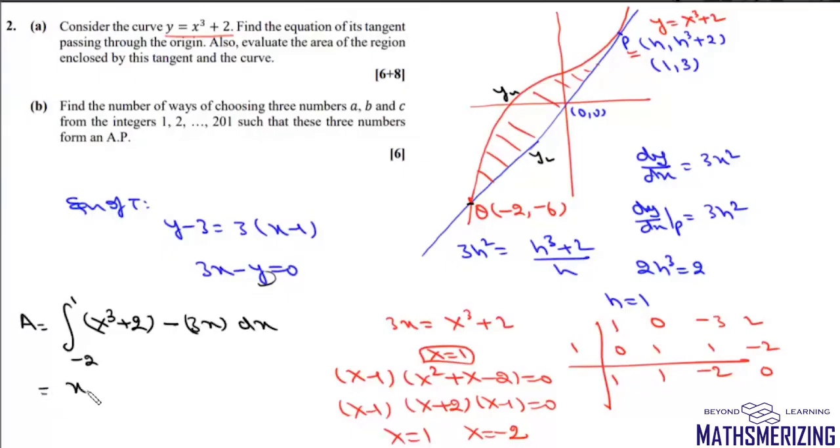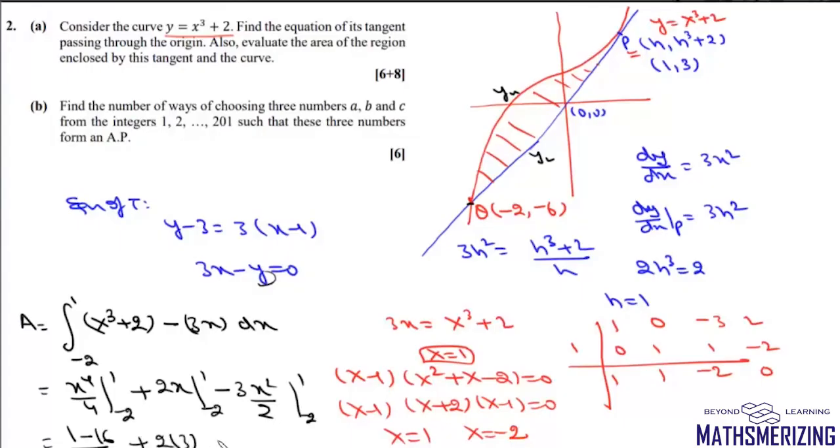So we'll get this area as x to the power 4 upon 4 from minus 2 to 1 plus 2x from minus 2 to 1 and then minus 3x square upon 2 from minus 2 to 1. So here it will be 1 minus 16 upon 4 plus 2, it'll be 3, and then minus 3 by 2, here will be 1 minus 4.